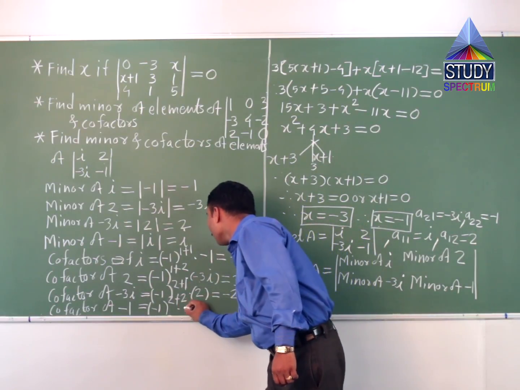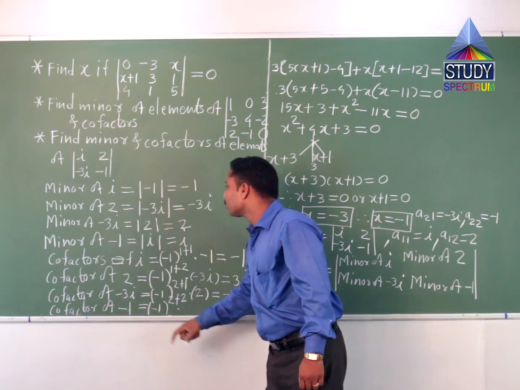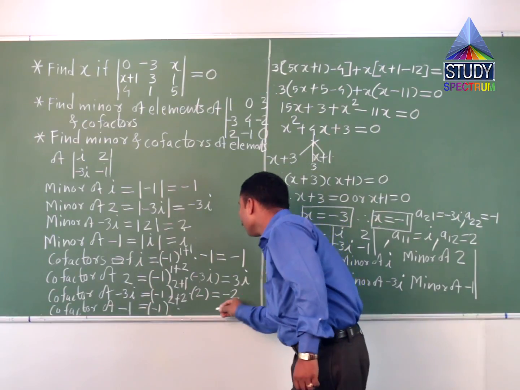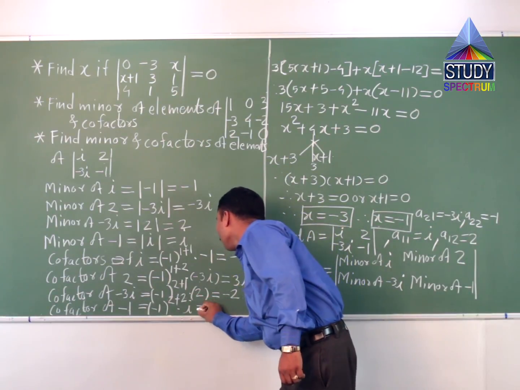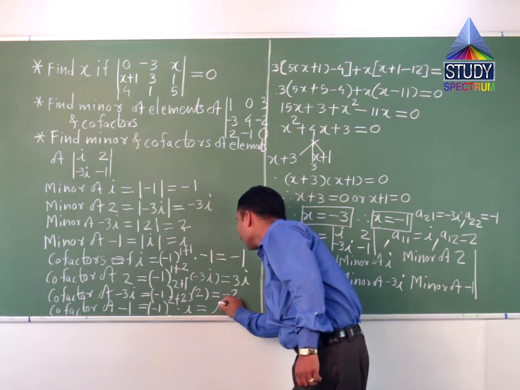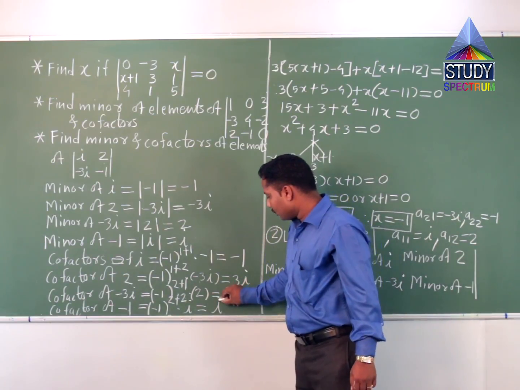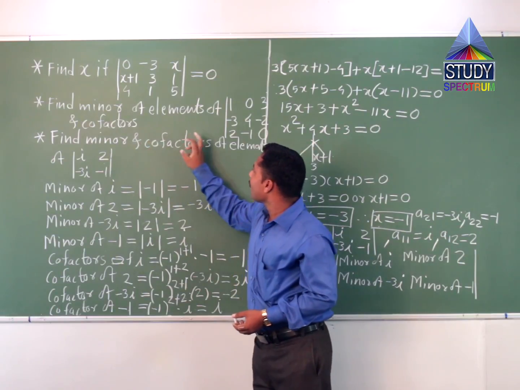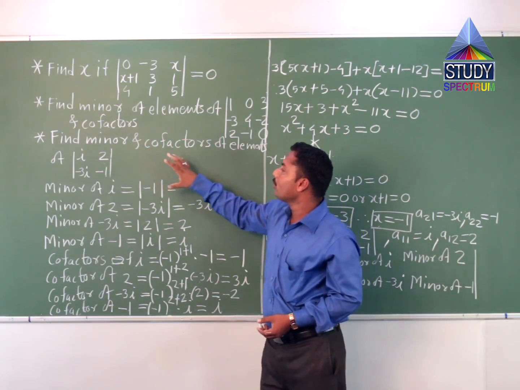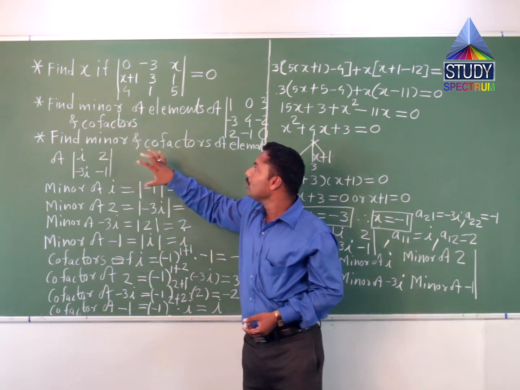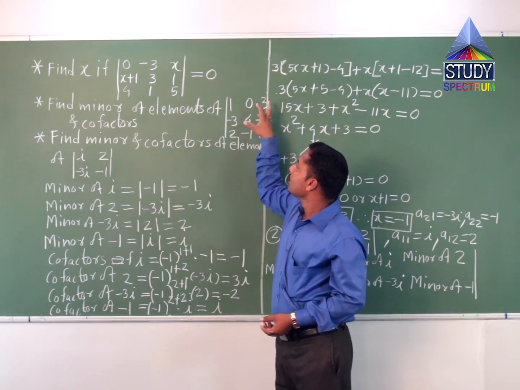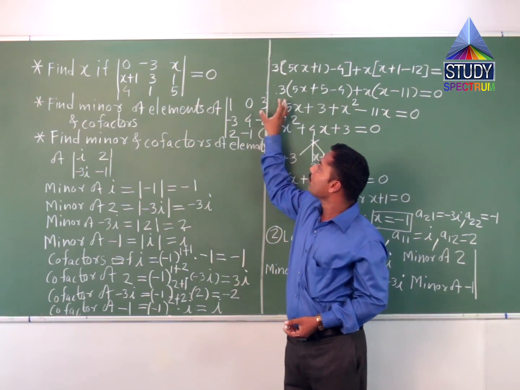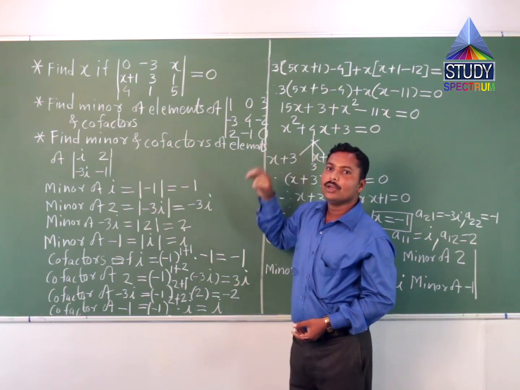Into minor of this -1. What is the minor of -1? It is i. So 1 into i. In this manner we find the minors and cofactors of the elements of this determinant.